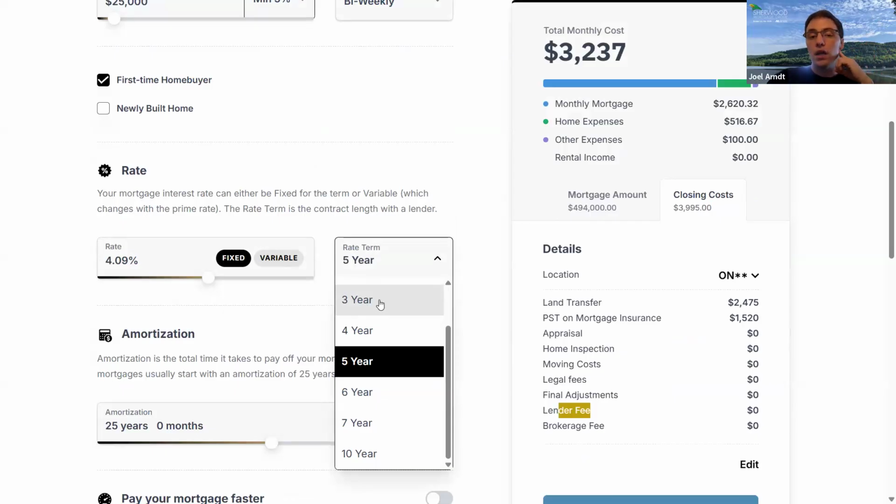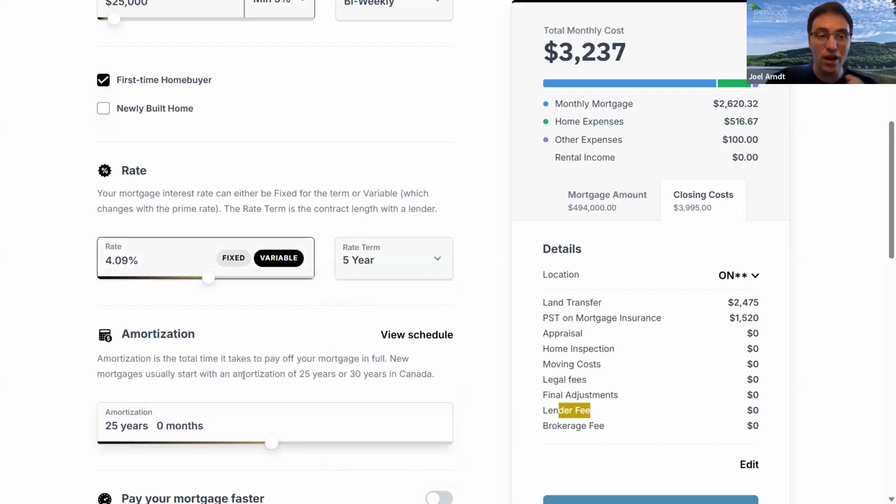Right now, things are weird with interest rates. Sometimes the 3 year, every now and then, could be as cheap as the 5 year, but generally the 5 year is the cheapest. You could also choose a variable. This is a little tougher because often lenders express variable interest rate in terms of a discount or a premium to their prime rate.